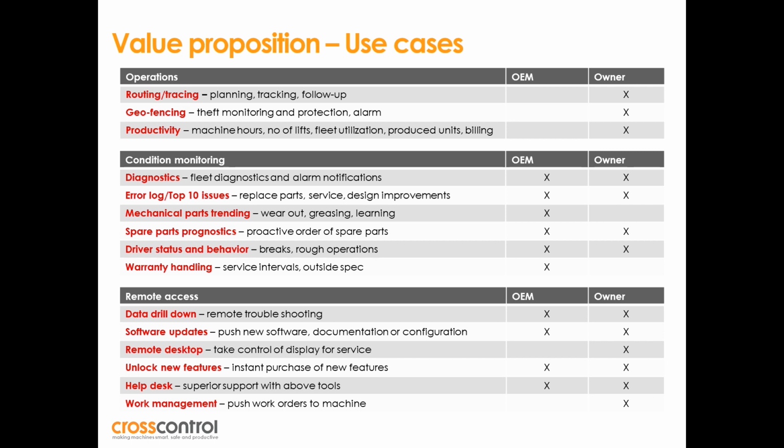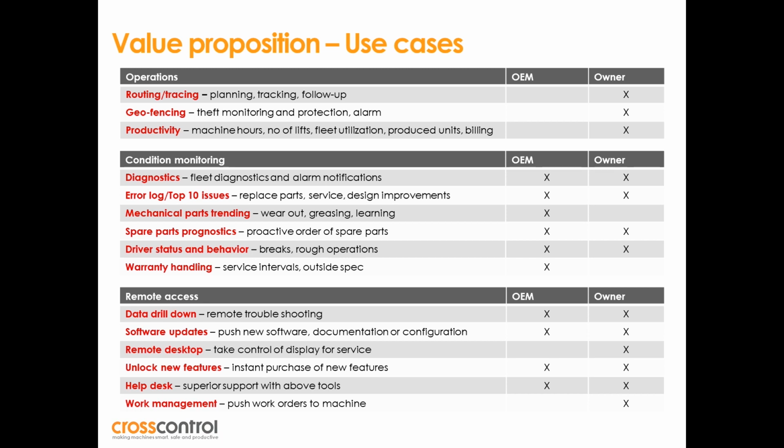One a bit controversial thing that technically is possible is to monitor the driver status and behavior, whenever the driver takes breaks, and if he or she drives in too rough operations.